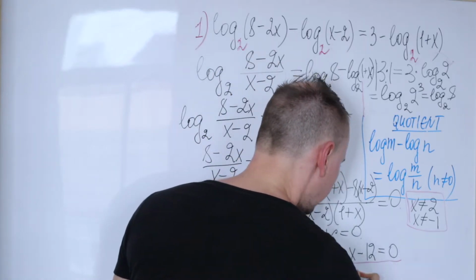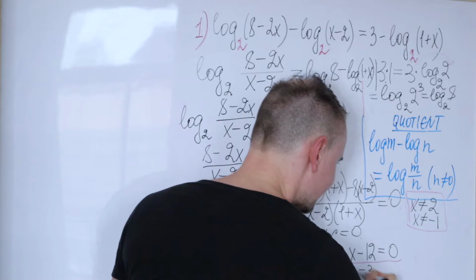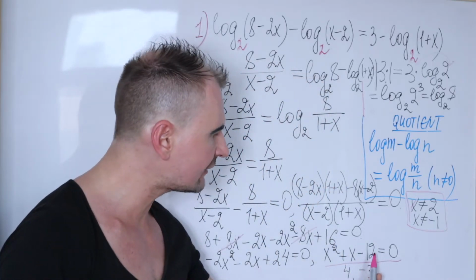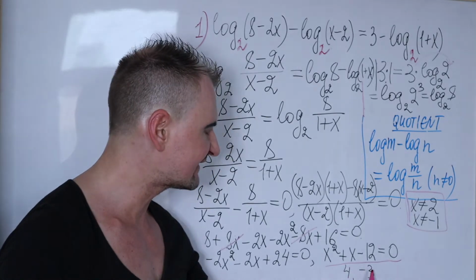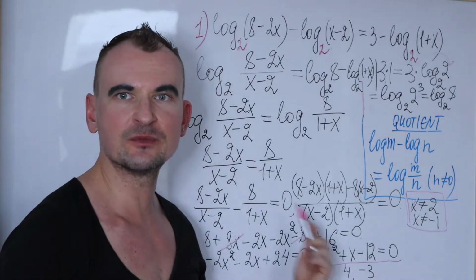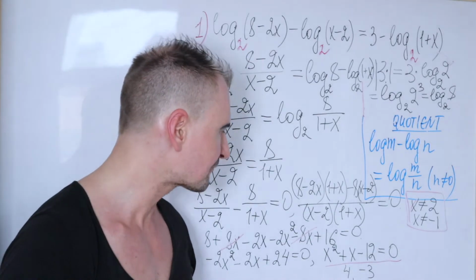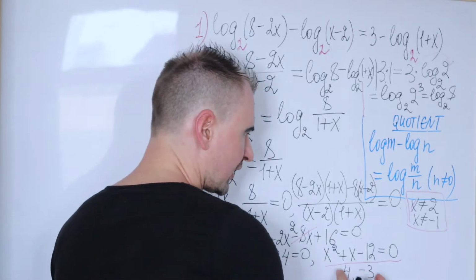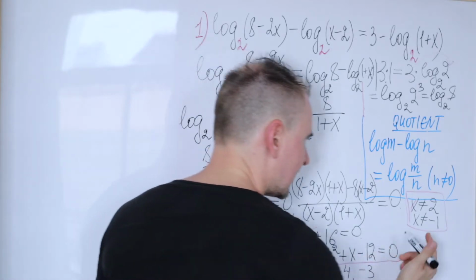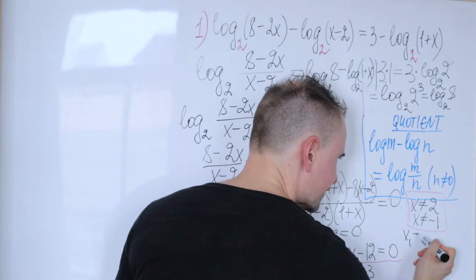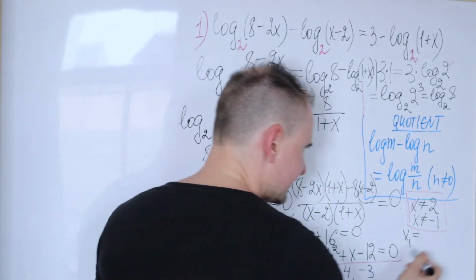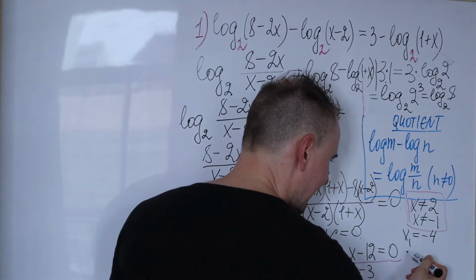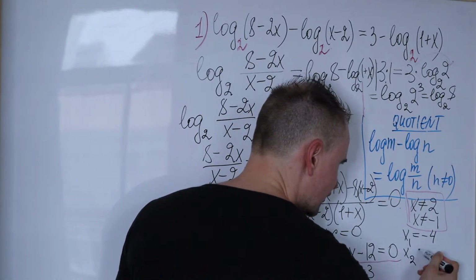So 4 and -3, since 4 times -3 gives you -12, and 4 plus -3 gives you this +1, so it works. Now for the roots, I'm going to switch the signs for the roots for this quadratic. So your first x sub 1 becomes -4, and we end up getting x sub 2 just 3.